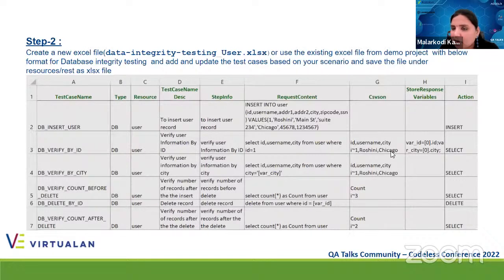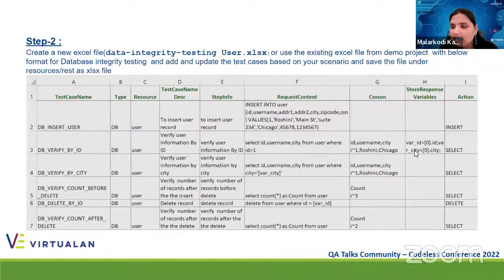It plays an important role in the Idaithalam framework. Then, the H column is store response variables. There, in the third row, I want to store the city in some variable. That is why I keep saying API workflow or DB workflow.